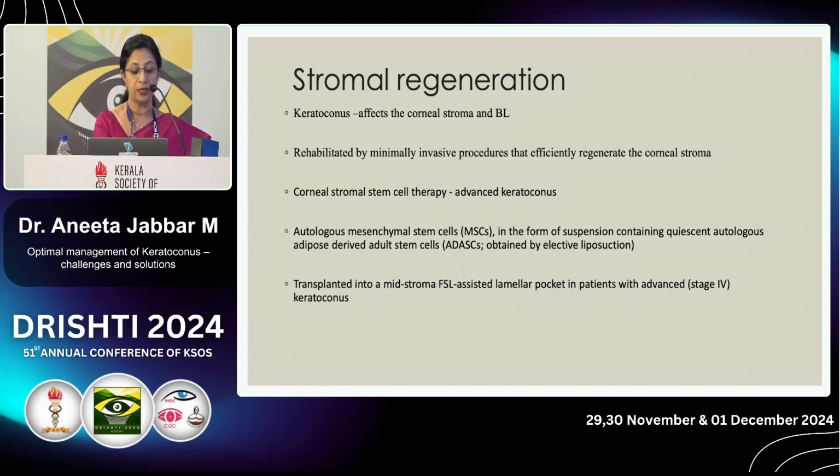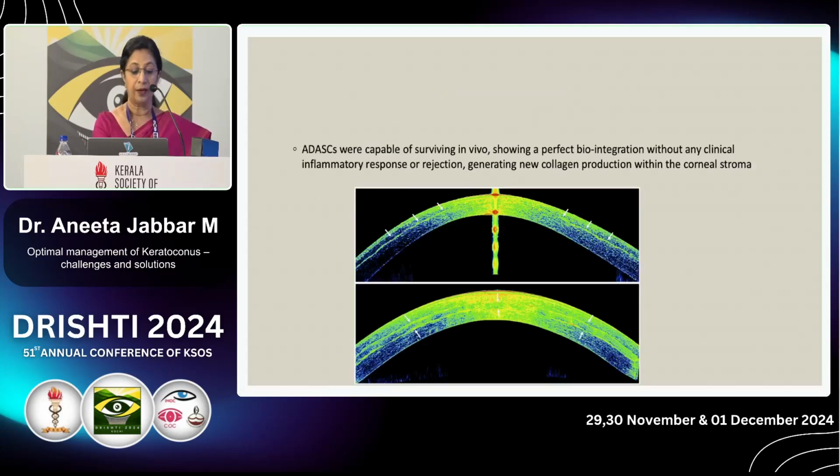Autologous mesenchymal stem cells, in the form of suspensions containing quiescent autologous adipose-derived adult stem cells, are obtained by elective liposuction and transplanted into the mid-stroma by a femtosecond-assisted lamellar pocket in patients with advanced stage 4 keratoconus, so that stromal regeneration happens. These adipose tissue-derived adult stem cells were capable of surviving in vivo, showing perfect biointegration without any clinical inflammatory response or rejection, generating new collagen production within the corneal stroma.